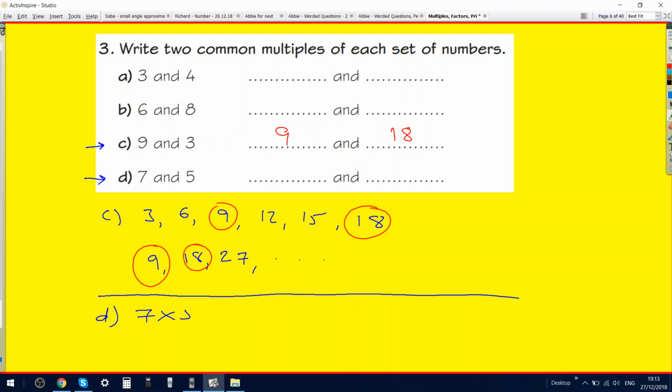Oh yeah. 7 times 5 is 35. So 35 is the 5th number in the 7 times table and the 7th number in the 5 times table. Yeah. And so how can you get a second common multiple of 7 and 5?